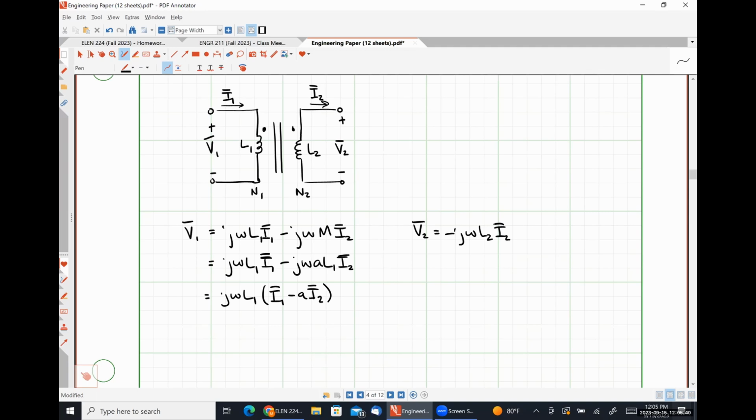Current is flowing into the dot, so we should have plus j omega M times I1.